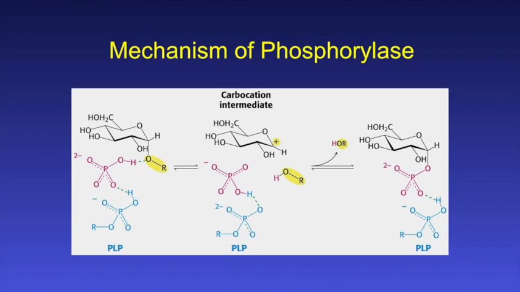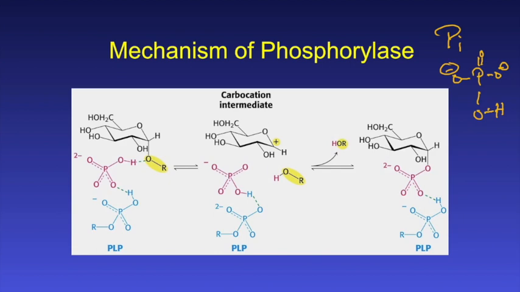Here's what happens. Another rendering. This is the lysine, this is the phosphate of PLP. It has a proton. Here is the incoming inorganic phosphate. Now when we write Pi, what we very rarely tell you, or even write, is that most of the time you're carrying one proton.